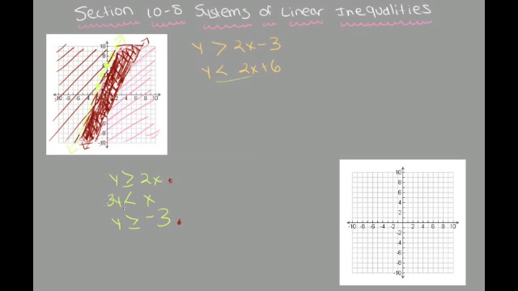So let's divide everybody by 3. We would get y is less than 1/3 x, or x over 3, because they both mean the same thing.